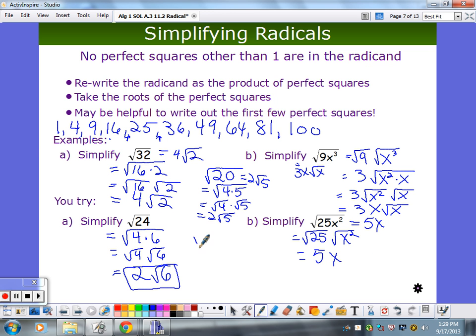What if I would have had 25x squared y to the 4th? What do I do if I have more than one variable? What do you think I do? Okay, so then we can start taking roots. So the square root of 25 is 5. Remember to take it out of the root.